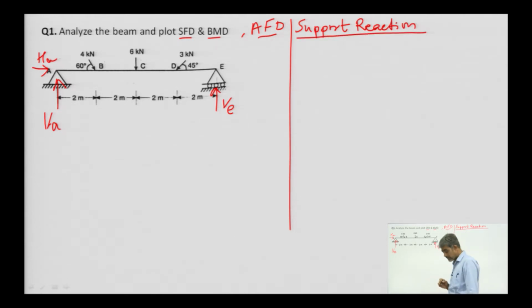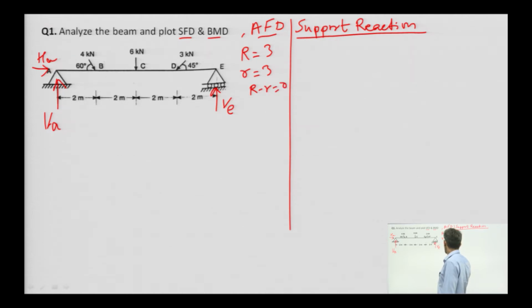How can the support reactions be calculated? Using equilibrium equations. Prior to that, you tell me whether this structure is determinate or indeterminate. Capital R value is how much? 1, 2 here, 1 here, it is 3. Small r, how much? The number of available equations, these are the number of unknowns, it is 3. So capital R minus small r is 0.